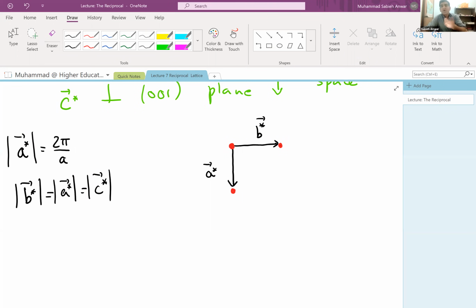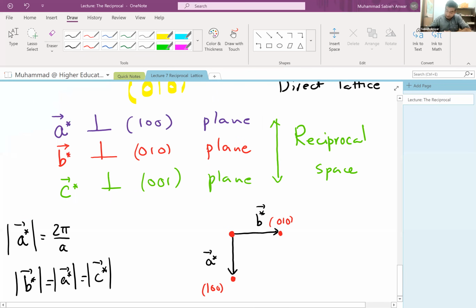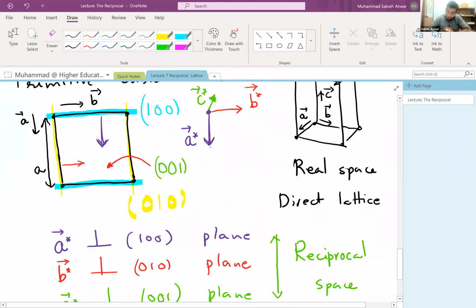So the end point of this vector now becomes a lattice point, but a point in the reciprocal space. And this point, in fact, represents a plane. The plane that this point represents is 1 0 0, and the plane that this point represents is 0 1 0. Just what we've done here. So this point represents this plane, and this point here represents this plane.